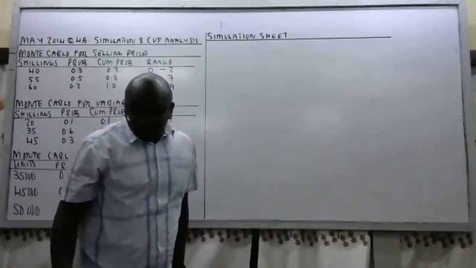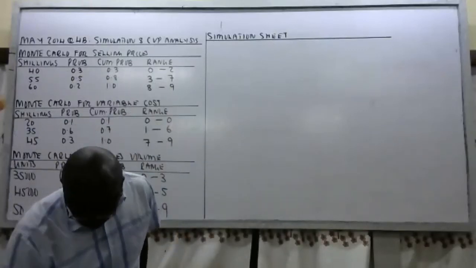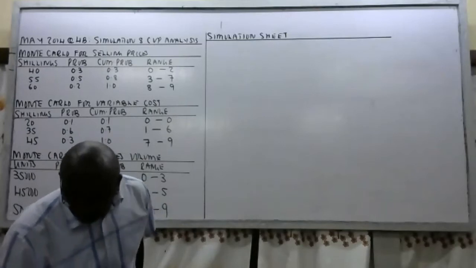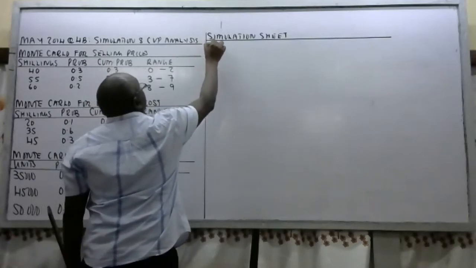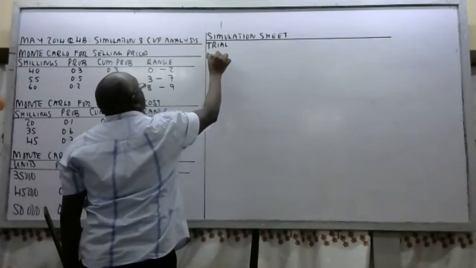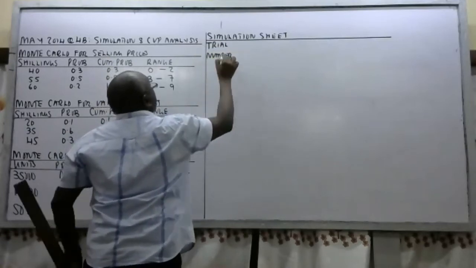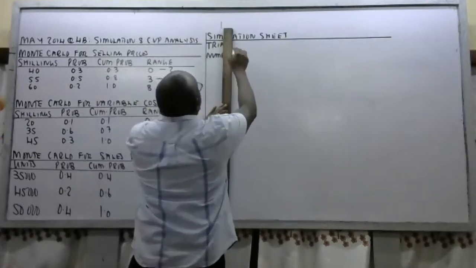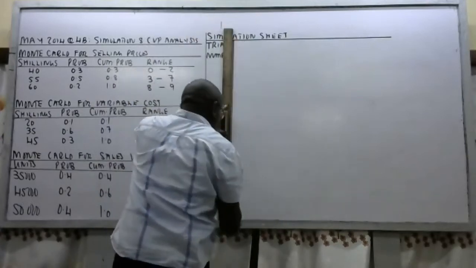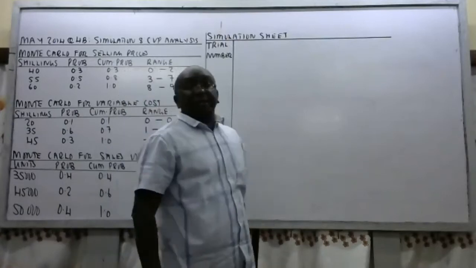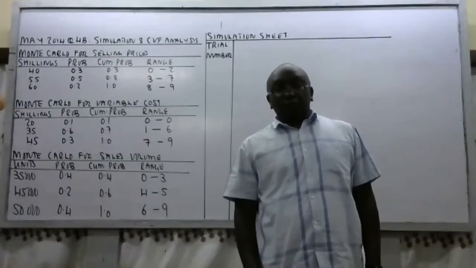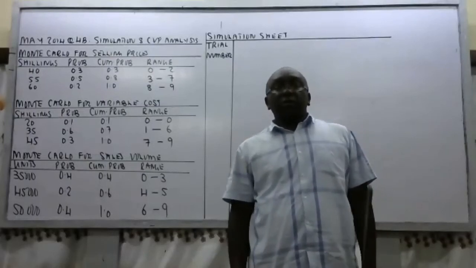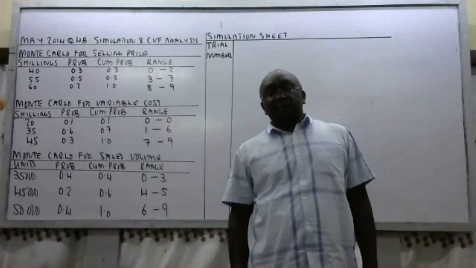Now, in the simulation sheet, we are told to do 25 trials. So I will have trial number. But in an exam, unless this is the only question you can solve in that question paper, you should not take all your time doing the 25.